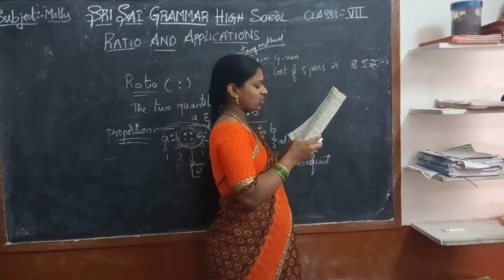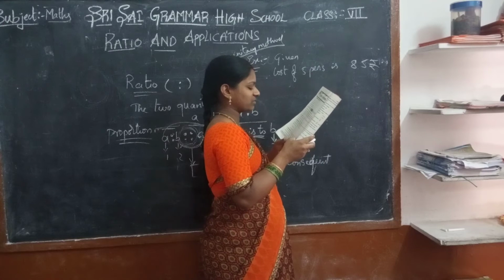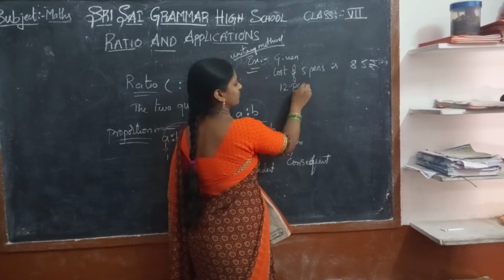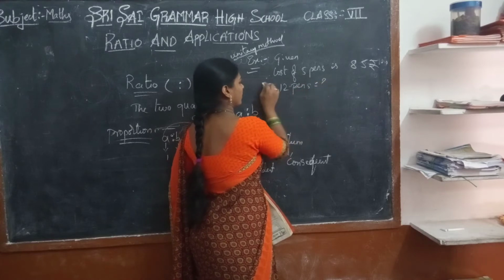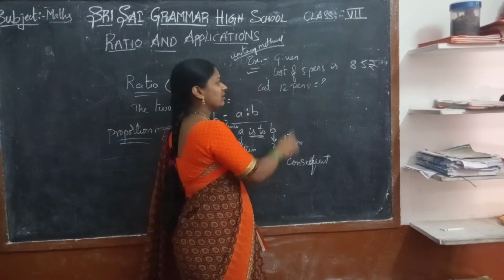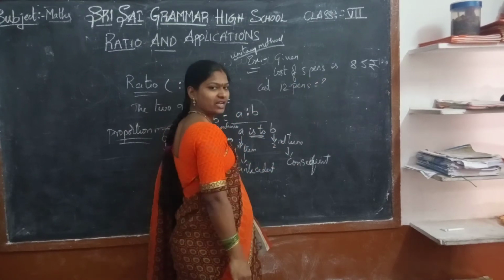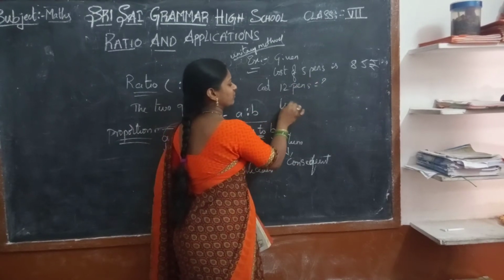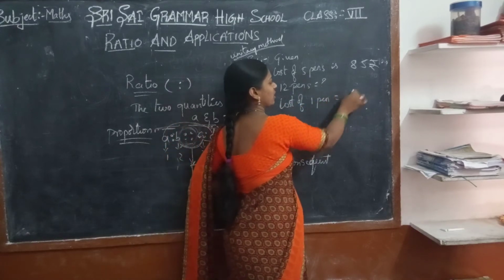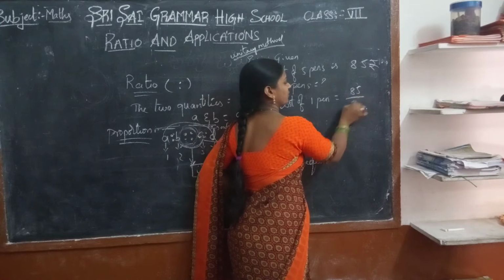Then the cost of 12 pens is equal to question mark. Since the cost of 5 pens is 85, the cost of 1 pen is equal to 85 by 5.